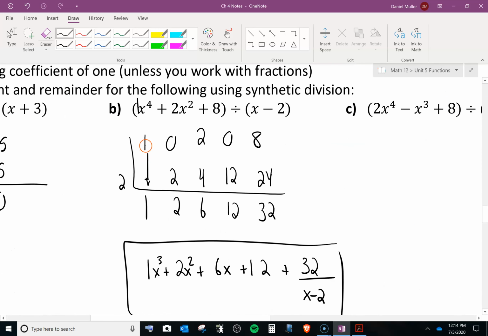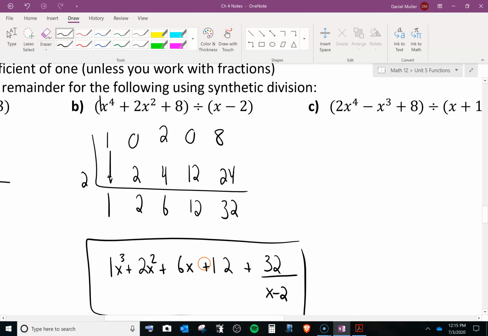So again, how did I do that? You bring down the 1, you multiply your diagonals, which is 2, then you add this, which is 2. Diagonals, which is 4, then you add that, which is 6. Diagonals, which is 12, add that, 12. Diagonals, which is 24, add that, 32. And then you just write them in descending order.